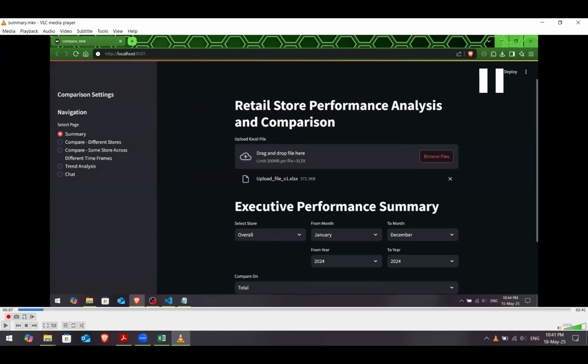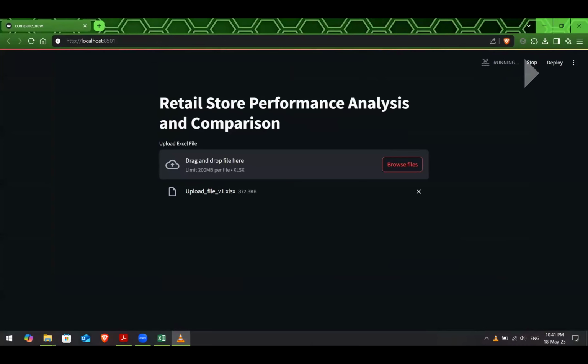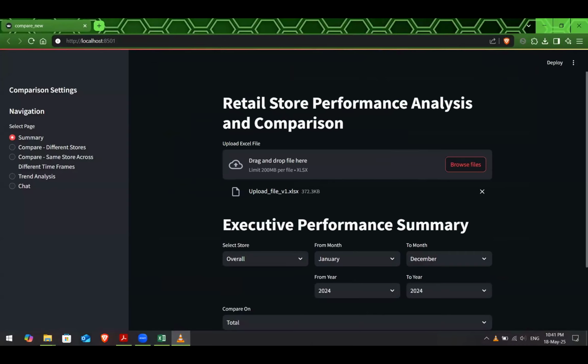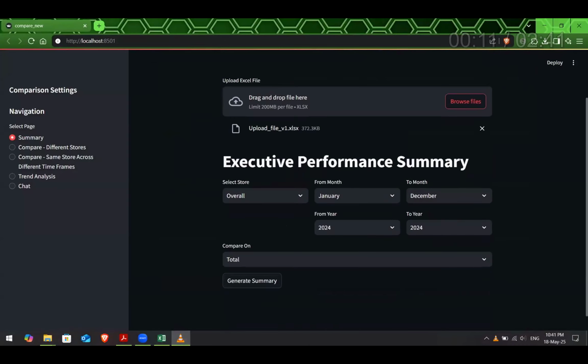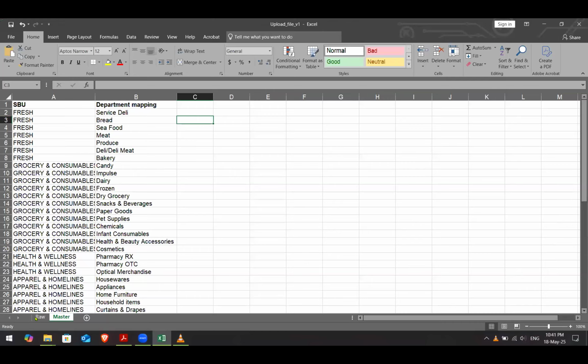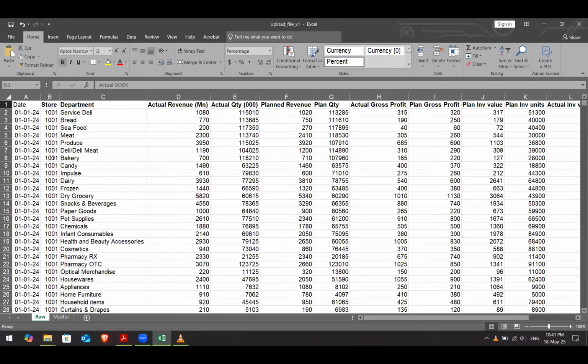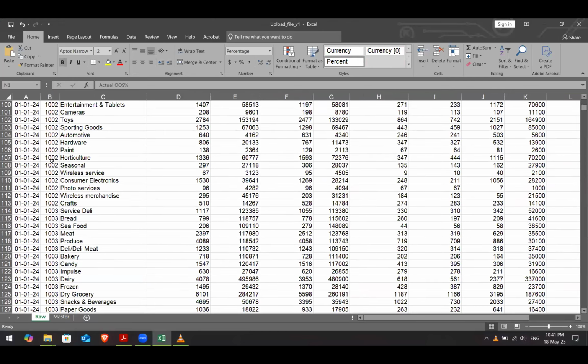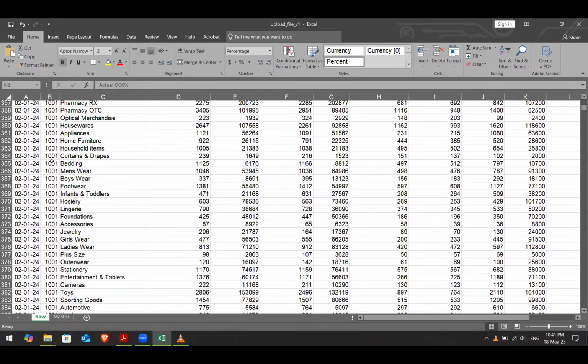First, we upload the file that I just showed, and then we come to the summary. We can have multiple stores: store 1001, 1002, and there are like 6 stores here.